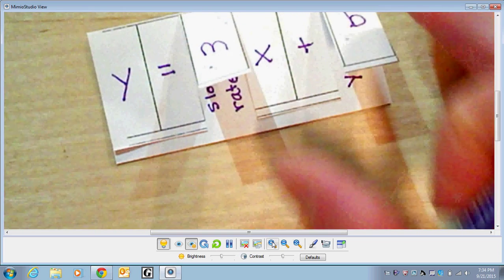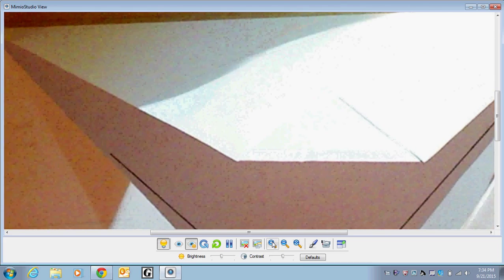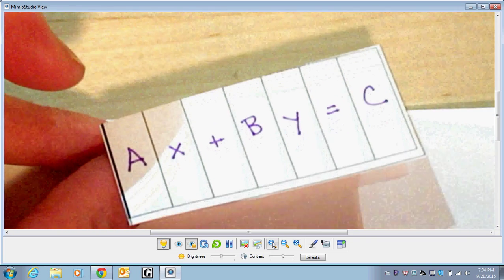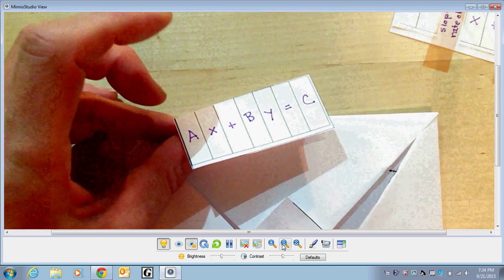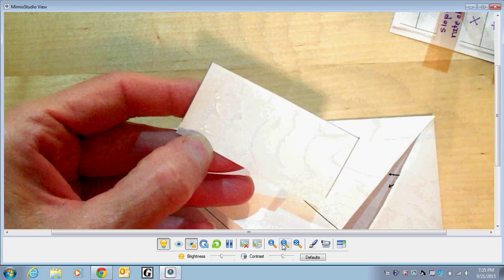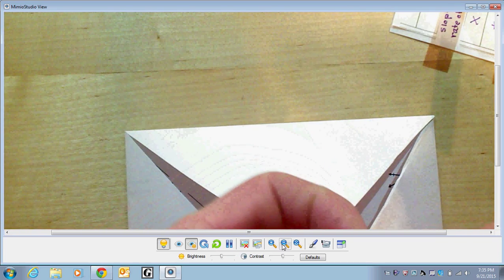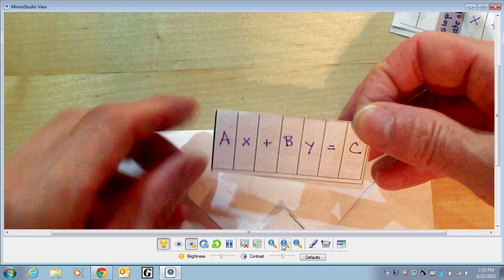Okay, so we just finished our slope-intercept piece. So before we go on, let's go back to here and let's glue some of these on. Okay, so we're first going to take our, let me back up the camera a little bit. We're first going to take our standard form, and on the back side we're going to put just a tiny bit of glue. You don't need much. And we're going to glue it on the flap that when we open it is empty inside.